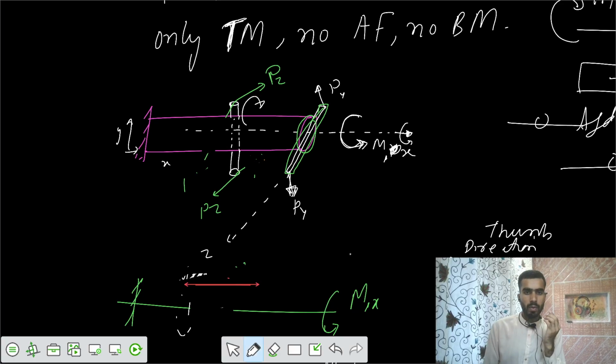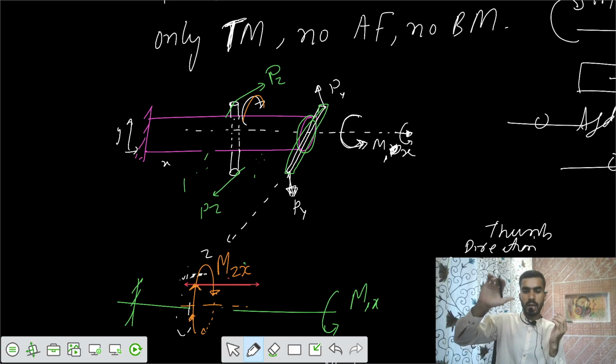So we have this clockwise moment. This is your moment m2, let's say moment 2 in the x direction, in the clockwise direction.